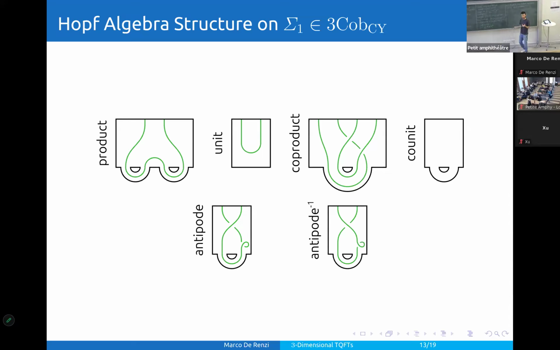So a finite dimensional algebra can be given the structure of an object in its category of representations, meaning it can be equipped with an action of itself onto itself. And when this is a Hopf algebra, you have several possibilities for this action, and it turns out that the most relevant one for the purposes of this construction is the adjoint representation.